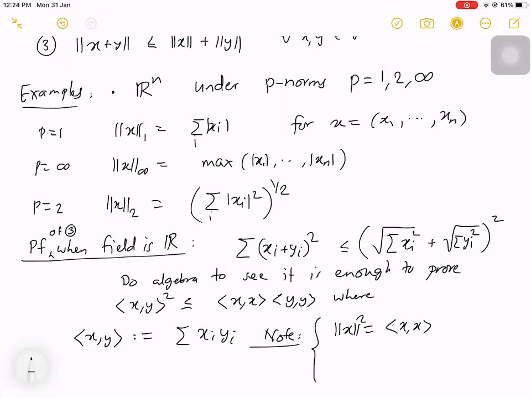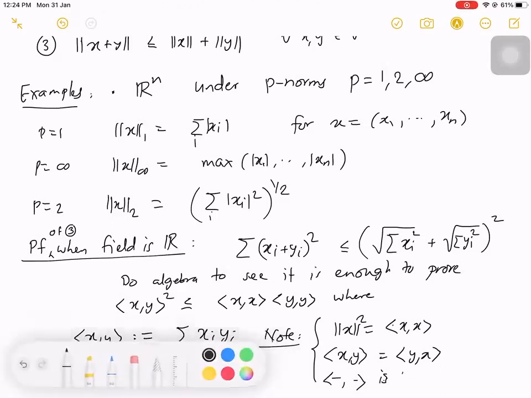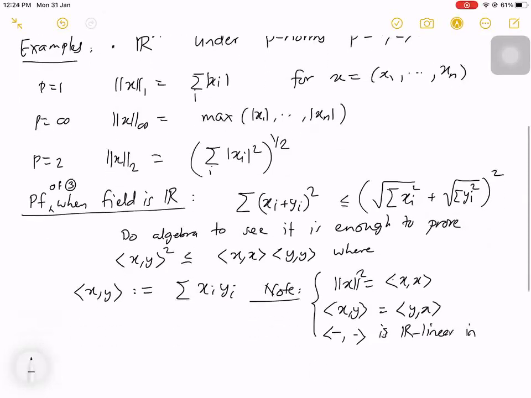And the other things, how do those two things compare? It's symmetric, and this gadget is R linear, sorry, in each argument, in each slot.